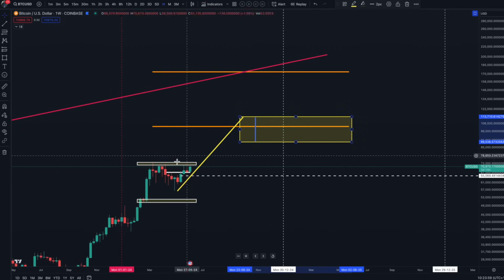So once we break out of this neckline at the $73,000, then based on what the charts have been telling us since the end of the bear market in 2022, this area seems to be the one that will be the most likely. In terms of probability, this may well be about 50-50, but in the absence of other indicators, this is giving us a very good idea of what to look out for.